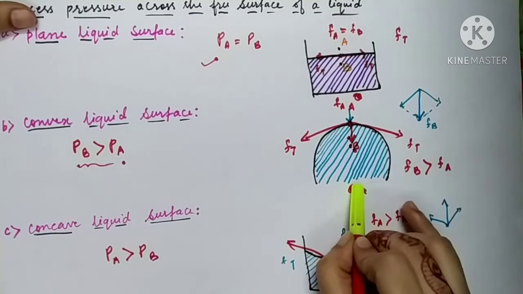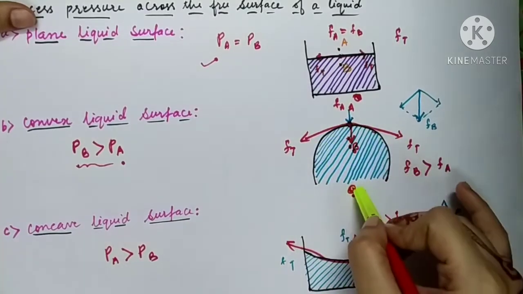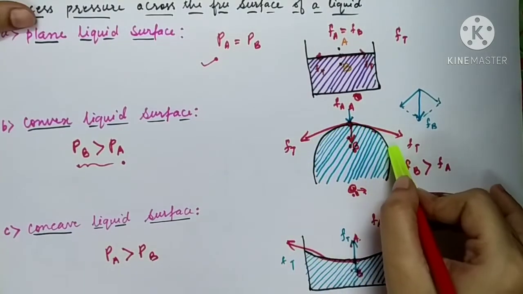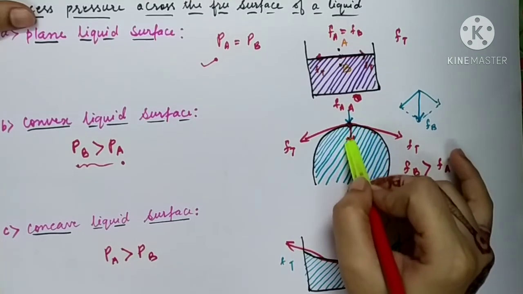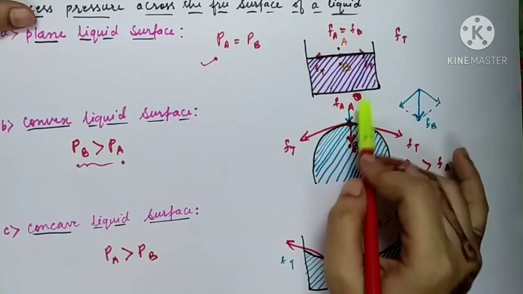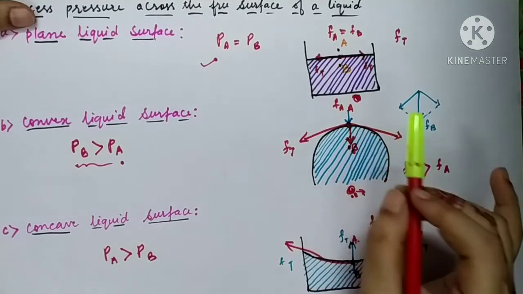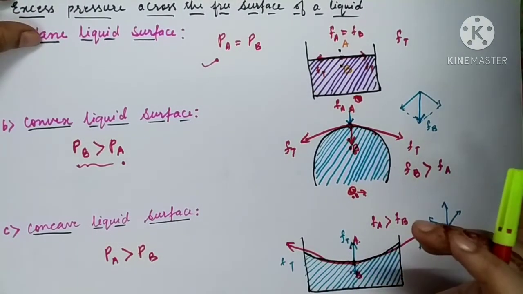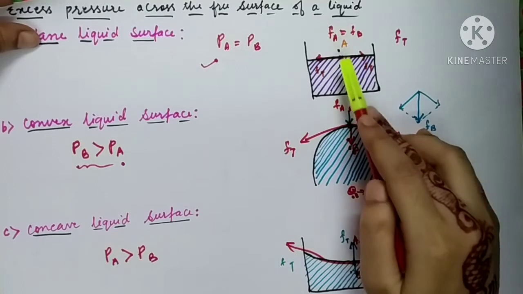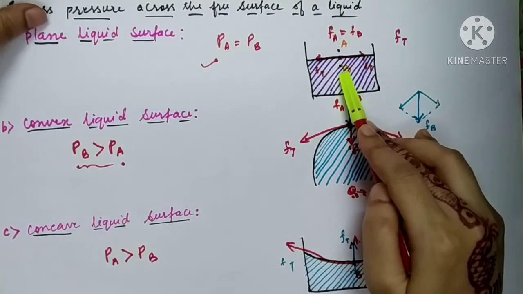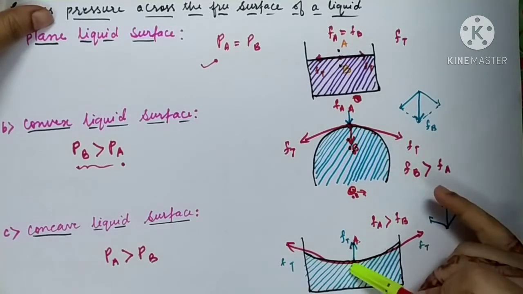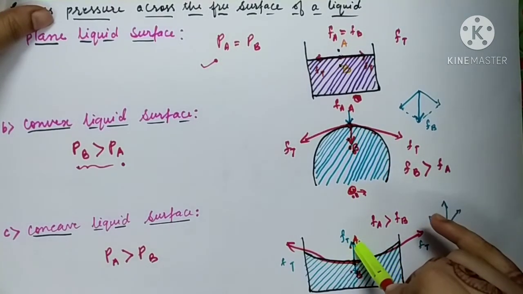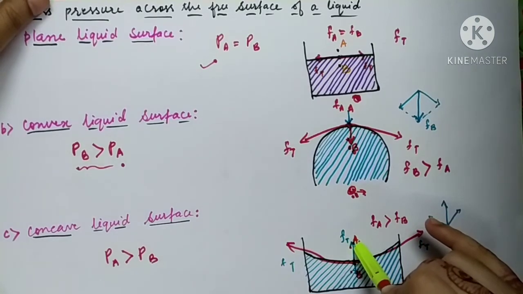If you are observing this convex surface from here, the convex surface will appear concave, and you will come to know that the pressure above is greater than the pressure below it. So there will be only two conclusions. One is that pressure above and below the free surface of a liquid will be exactly equal, and pressure above the concave surface will always be greater than the pressure below it.